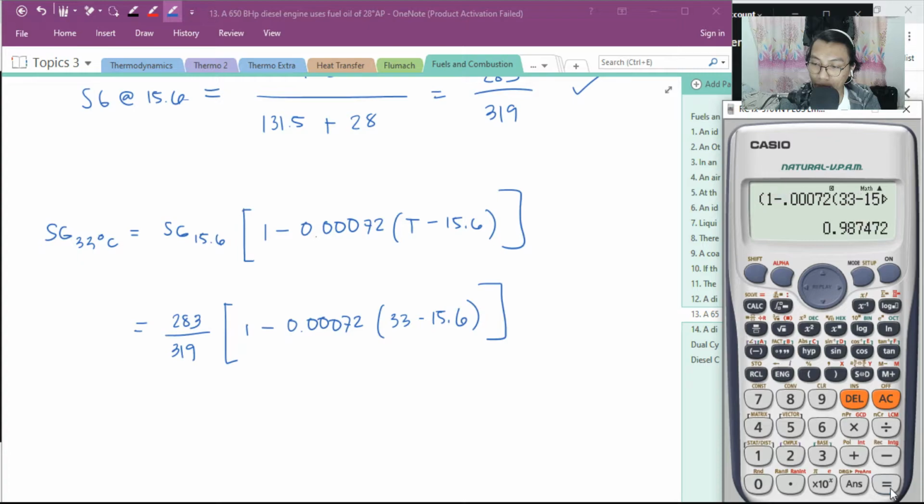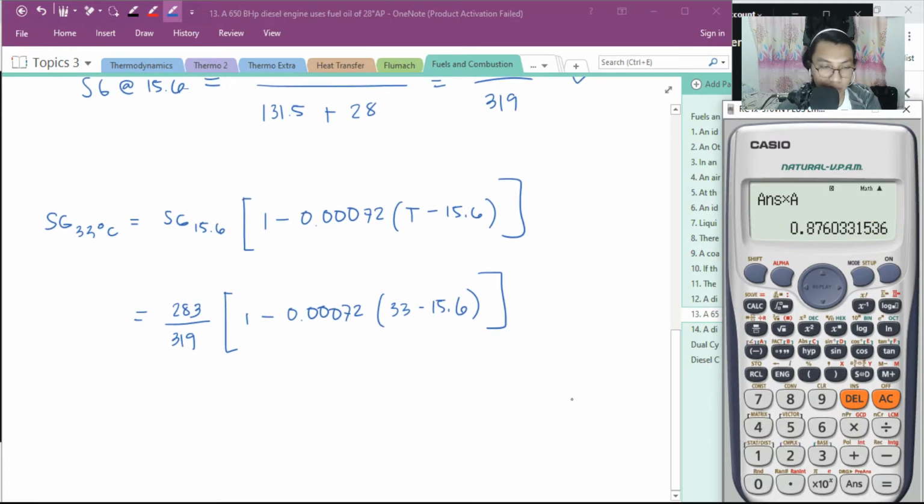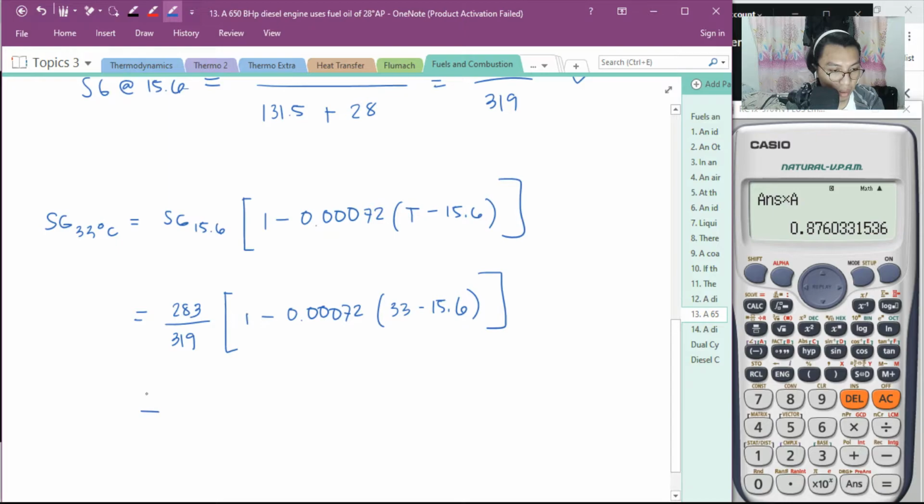Tapos, i-multiply ko na kay A. The answer will be 0.876, 0.8603. Okay, pwede na to.